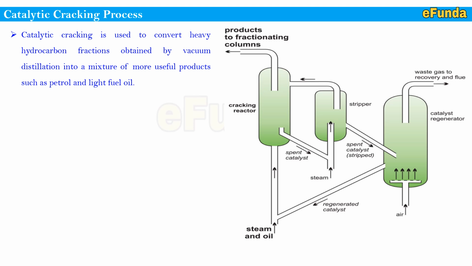Once the cracking is done, the product goes to the fractionating column, then the spent or remaining catalyst is passed back to the column again, and then further from the stripper into the catalytic regenerator, where mainly air is introduced into the spent catalyst, that is stripped, and then after reaction inside the catalytic regenerator the waste flue gas is recovered and then passed to the further process.